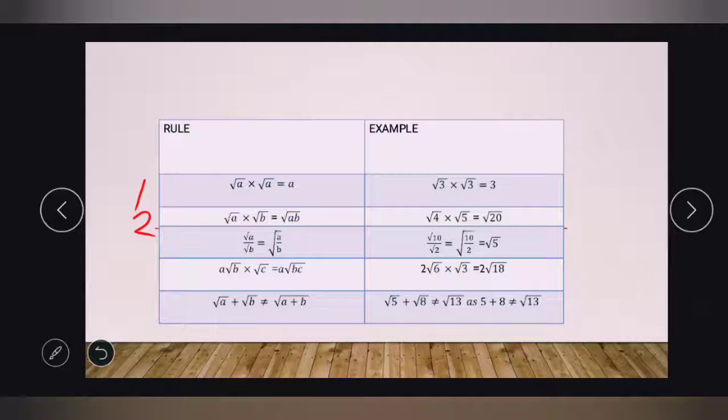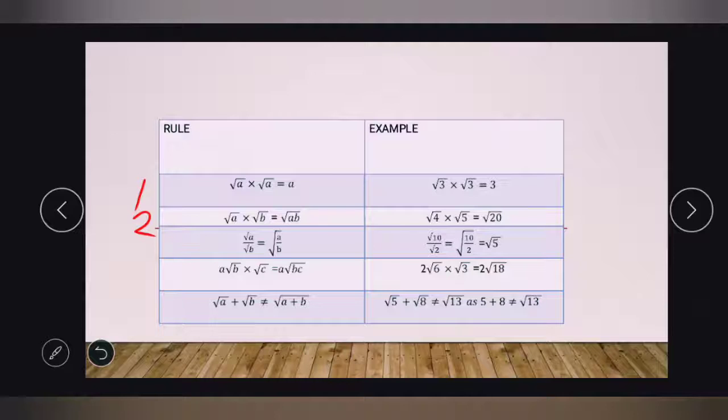Second point: the square root of a times the square root of b equals the square root of ab. Example, the square root of 4 times the square root of 5 equals the square root of 20. So, 20 comes from 4 times 5.